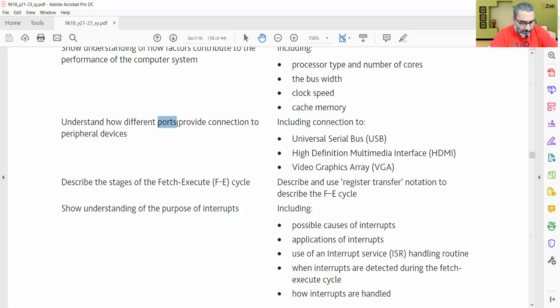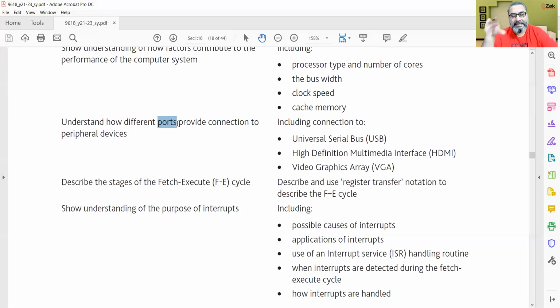Input and output devices are connected to a computer via ports. Remember, ports are not just those which you see over the casing. Ports are sometimes inside the chassis as well, that is the computer's box, the system box.